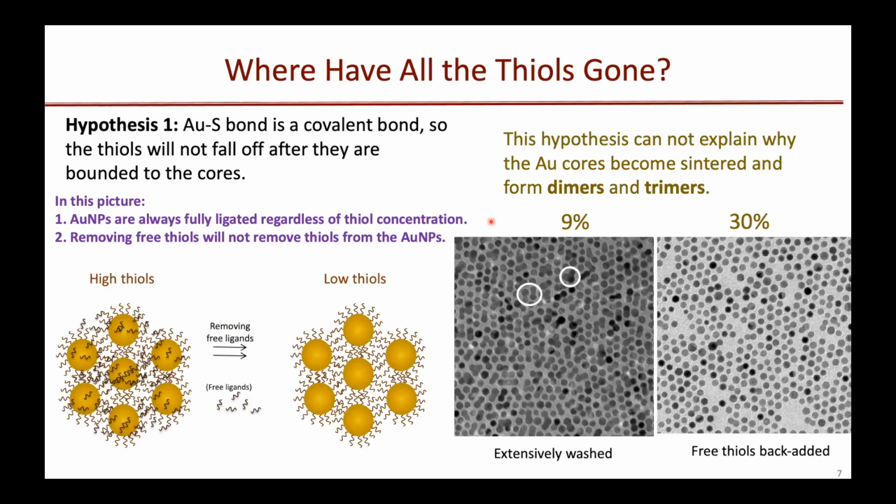However, this hypothesis cannot explain why the gold cores become sintered and form dimers and trimers, because if they are fully ligated, they just can't touch each other.